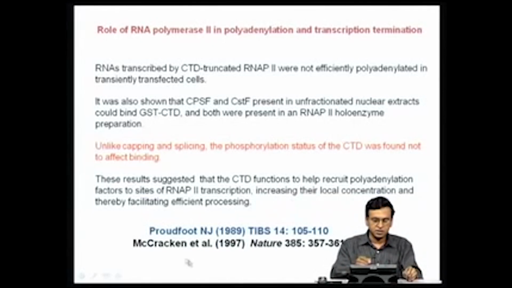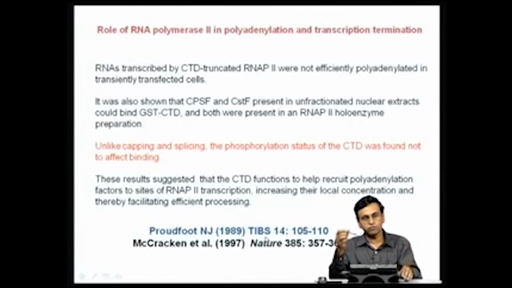I have given two references, one in TIPS and one in Nature. This was during the late 80s and early 90s, when a lot of effort went into identifying polyadenylation mechanisms and understanding the factors involved, and people developed in vitro systems.